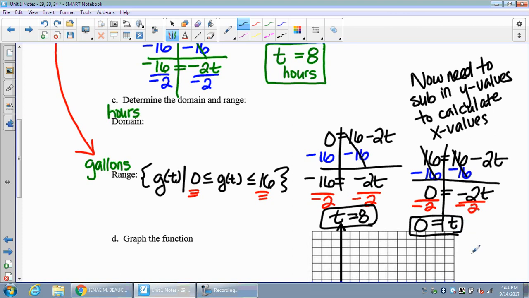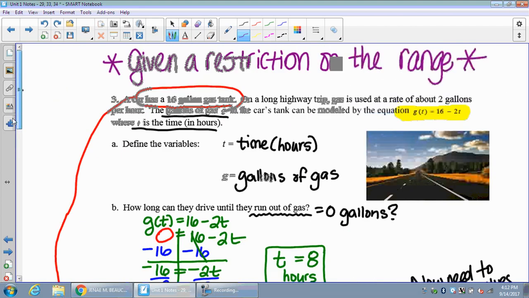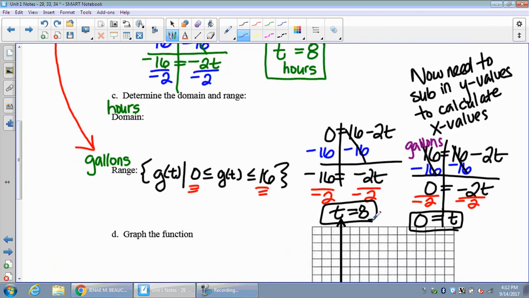Well, let's step back and think about it. If you have 0 gallons of gas left in the gas tank, it means you have driven T equals 8. You have driven 8 hours. On the flip side, if you have 16 gallons of gas in the tank and the gas tank holds 16 gallons, have you driven anywhere?